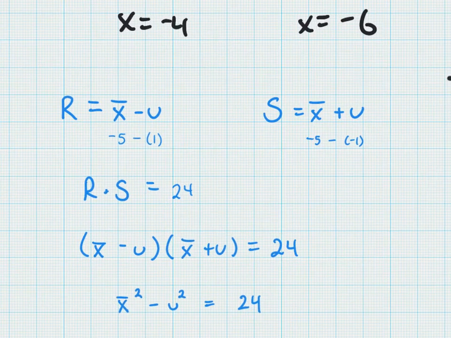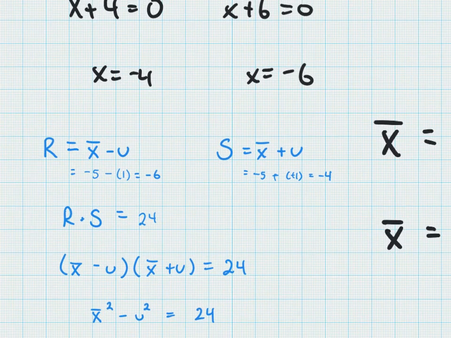And it actually doesn't matter which one you call R and which one you call S. Ultimately, they're both going to simplify. So this one here gives me a -6, and this one here gives me a double negative, which is positive, so that gives me a -4, which is exactly what we expected.